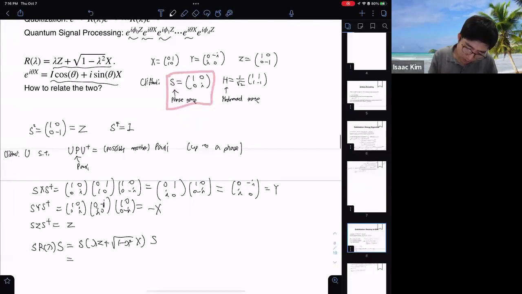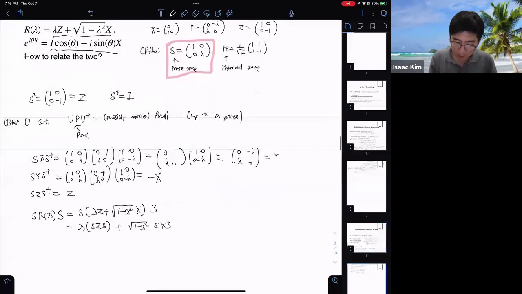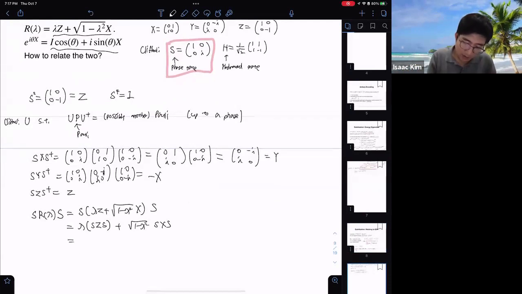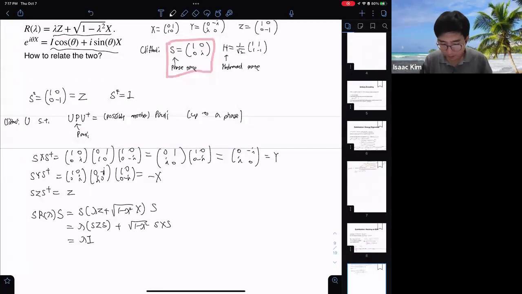First of all, lambda times SZS plus square root of 1 minus lambda squared times SXS. And S and Z all commute with each other. So we can commute S and Z, and S squared is Z. So we get lambda Z squared, and Z squared is identity. So you get that thing.